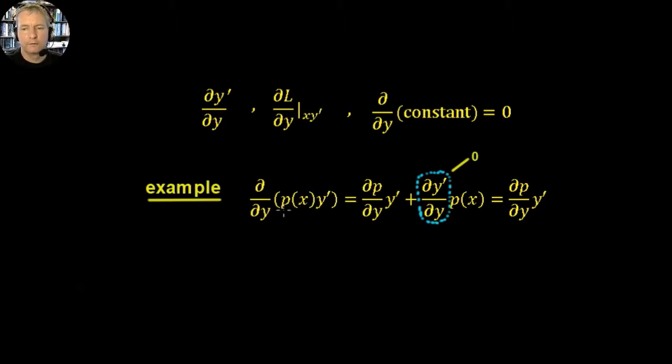Then we can use the product rule, so we're going to have partial p by partial y times y derivative, plus, we differentiate partial y derivative by partial y times p of x. So we can say that this partial y derivative by partial y is equal to 0. So this whole term here is equal to 0. So this whole thing is equal to partial p by partial y times y derivative.